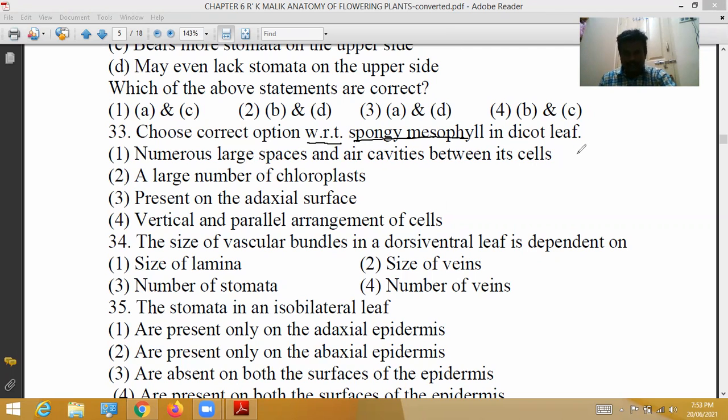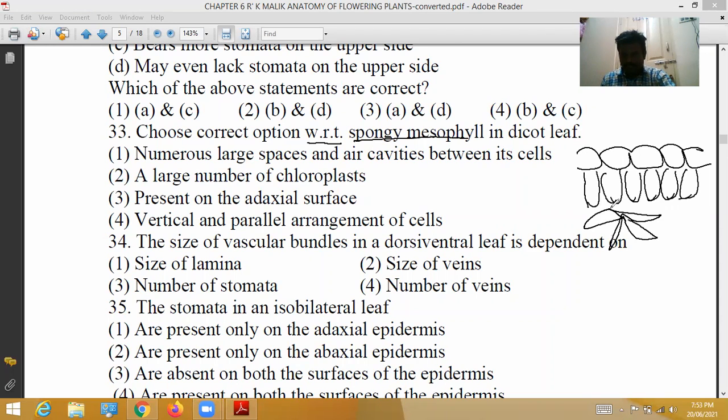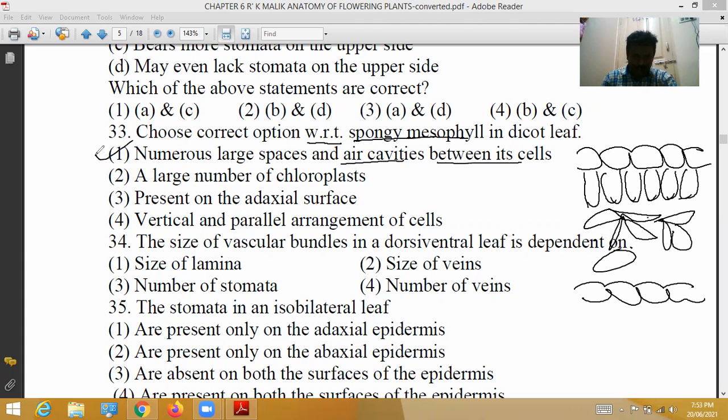In the dicot leaf, this is the palisade parenchyma, this is the spongy parenchyma, and this is the lower epidermis. Large spaces and air cavities between its cells is the correct option.